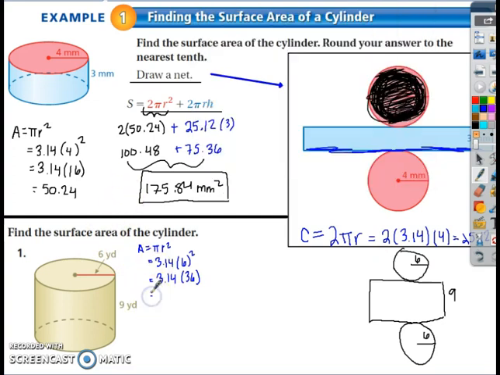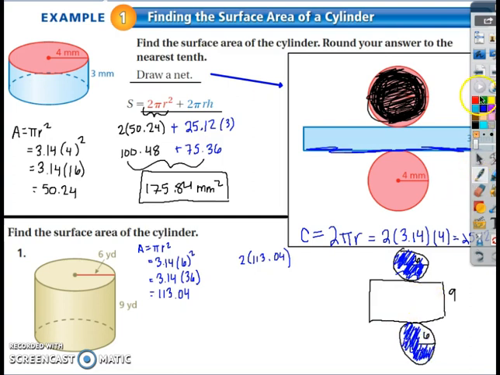So the area of one of my circles is 113.04 square yards. Now remember, that's only one of my circles. I will have two. So my total area, I'm going to need to take that 113.04 and multiply it by 2. So now I've taken into account both areas of my circles.